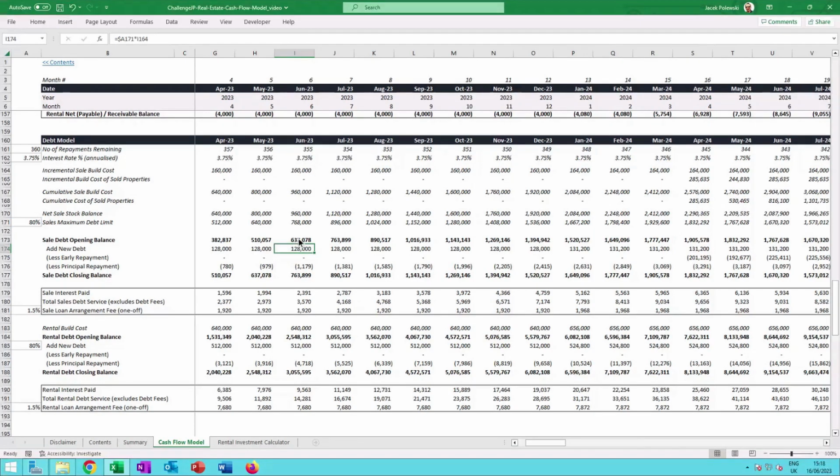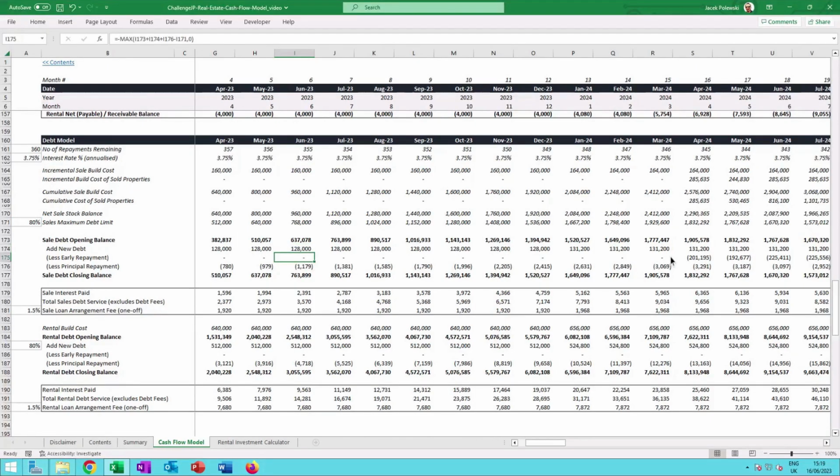I included here a debt schedule, so you can always see the opening balance for your debt, which is simply your closing balance from the month before, and new debt that I'm adding, which is that calculation that we just covered. Any early repayments of the model.